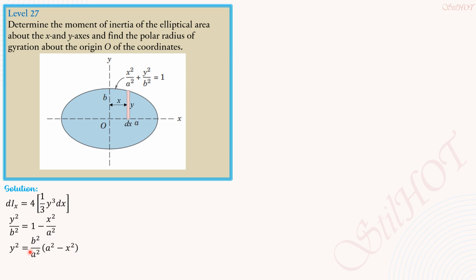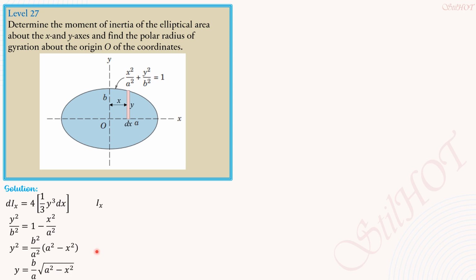Then extracting the square root, plus or minus, but we select plus, so y is b over a times the square root of a square minus x square, or b over a times a square minus x squared to the 1/2.